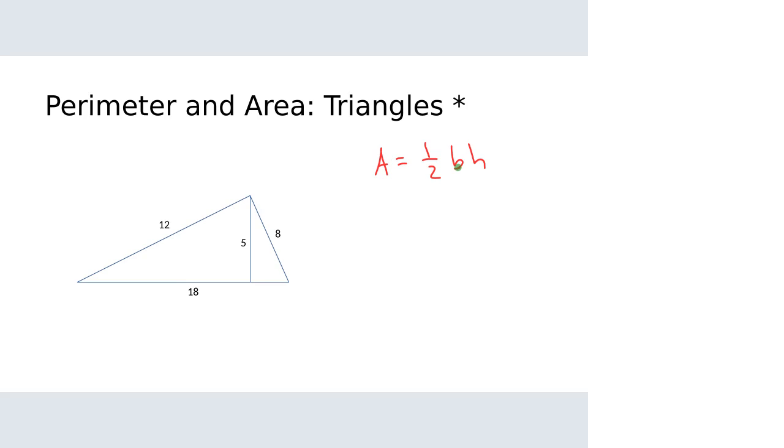First answer is perimeter. Yes, Jenny. For perimeter, we'll add up all the sides that are on the outside of the figure. So be careful. We want to add up the outside edges of the shape.